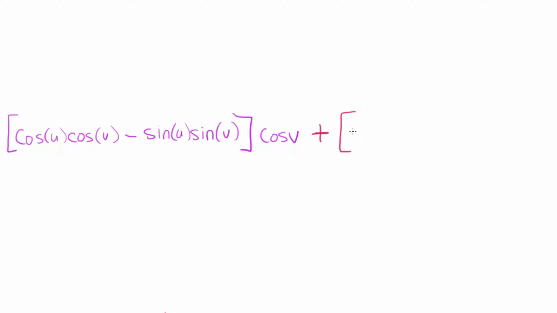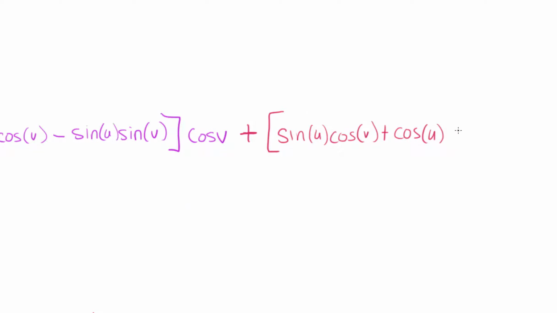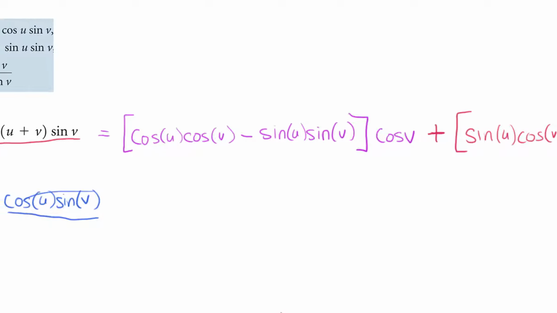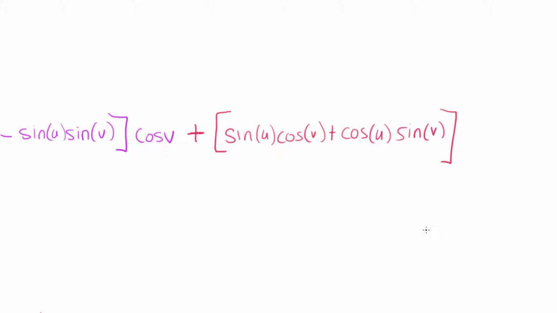Sine of u plus v is sine of u cosine of v plus cosine of u sine of v, times sine of v.